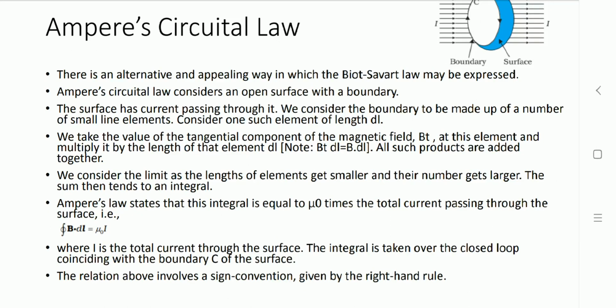We take the integration over the closed loop, coinciding with the boundary of the surface. The sign convention is given by the right hand rule, which we have already explained.